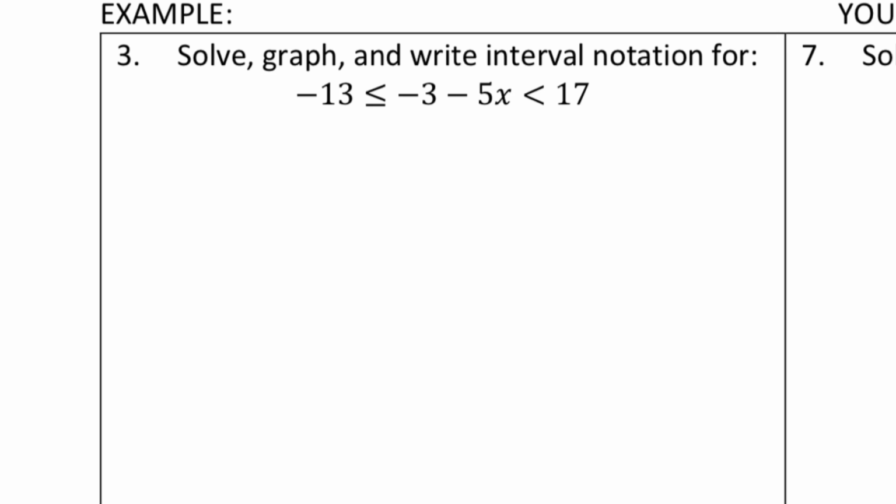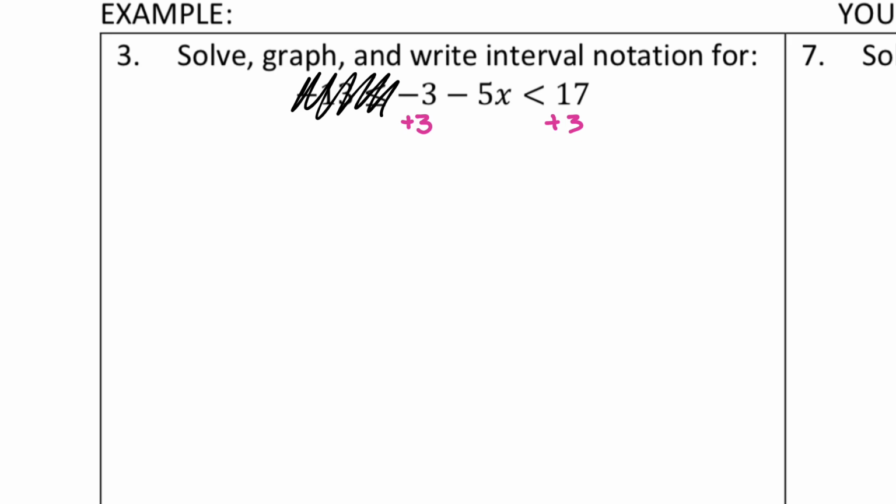Because this is a tripartite, I can solve it all at once. Look in the center because that's where your variable is. If I did not have one side, for example if this side was not there, how would I solve this? I'd get rid of the extras on both sides.